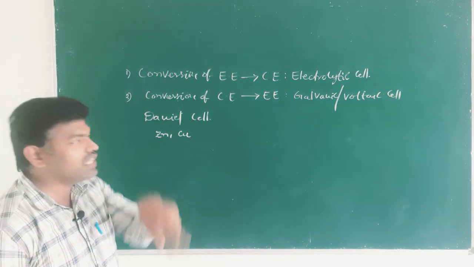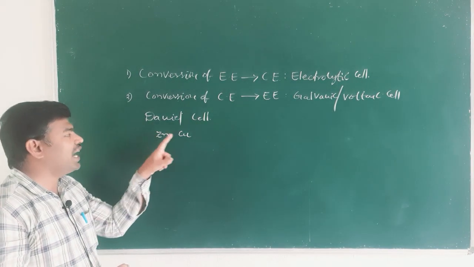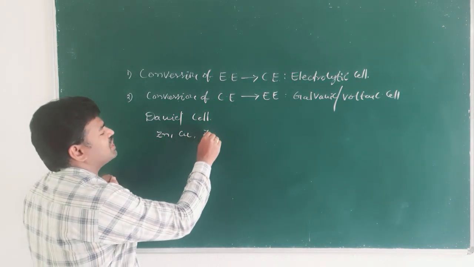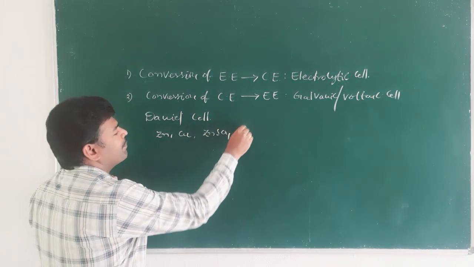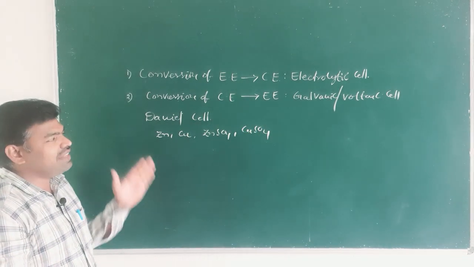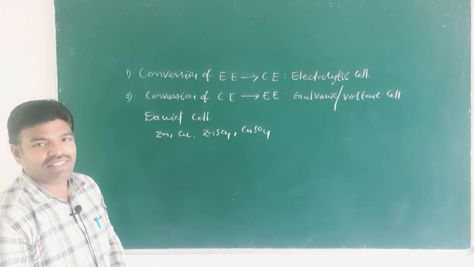The two dissimilar metals in the Daniell cell are zinc and copper, and they are placed in zinc sulfate and copper sulfate solutions, which behaves as a source of electricity.